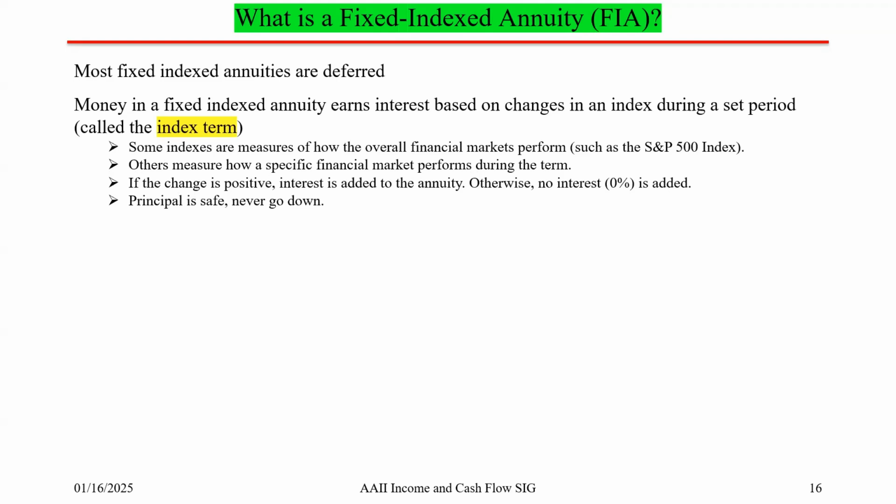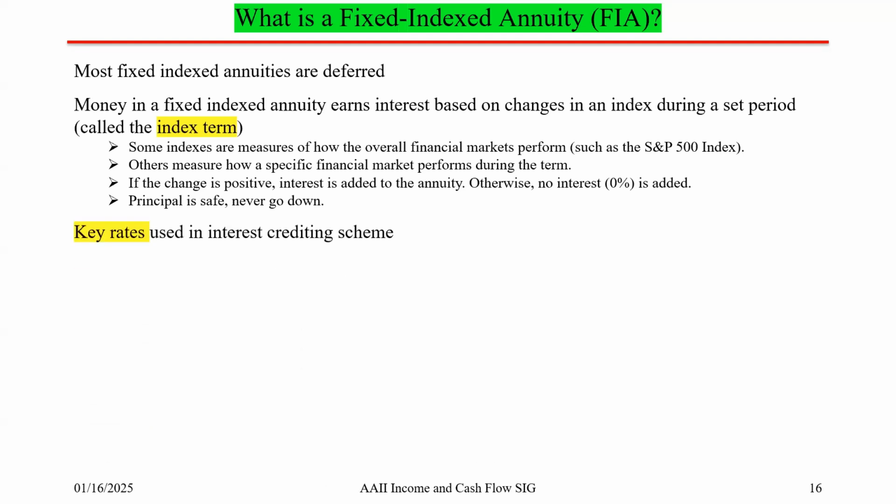Others are using some unique indexes. And if the change is positive, interest is added to the annuity. Otherwise, no interest is paid. So you say that sucks, but then again, you never lose money. So principal is safe, and your principal will never go down.